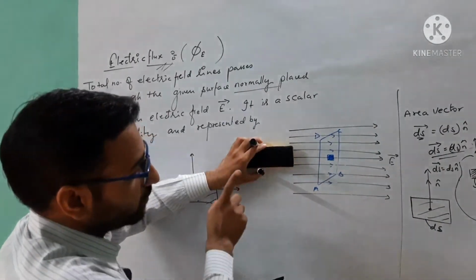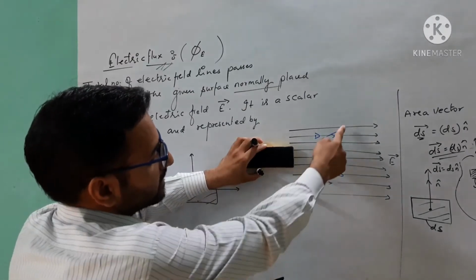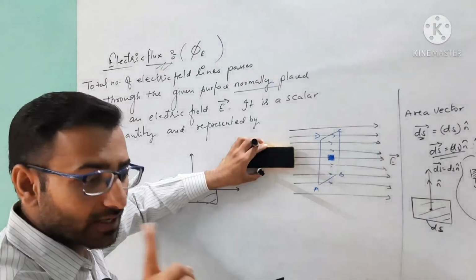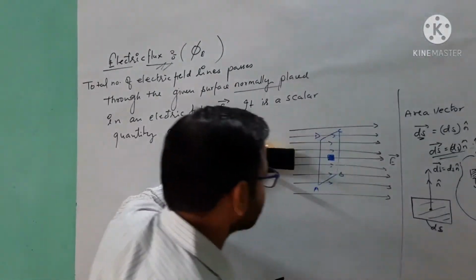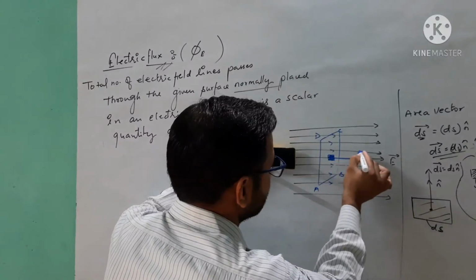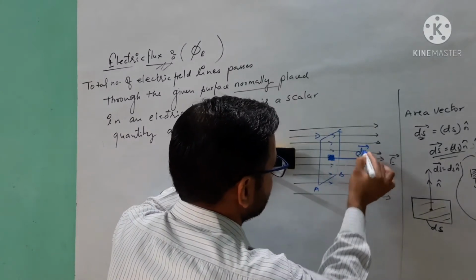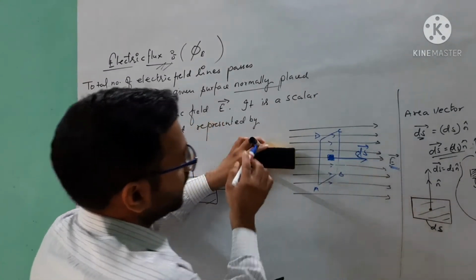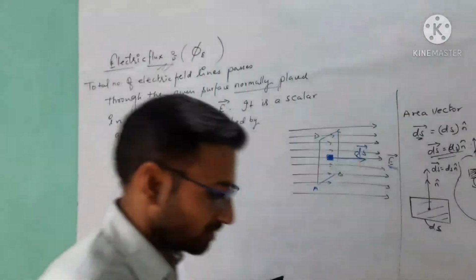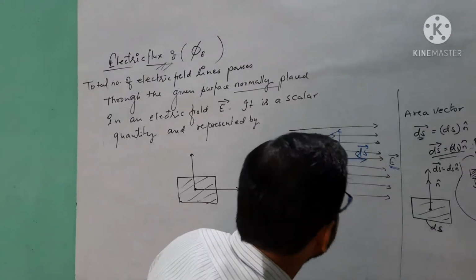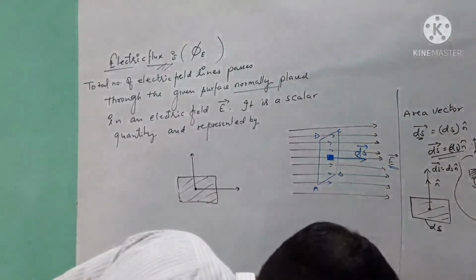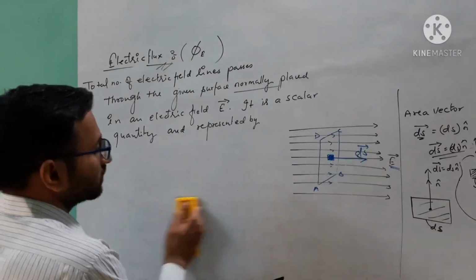Initially you have to understand that when we place a surface normal to the electric field, it means the area vector of this surface, this one, is parallel to the electric field. Got it? So this is the condition to understand the topic. So here we get the area vector which is parallel to the field.